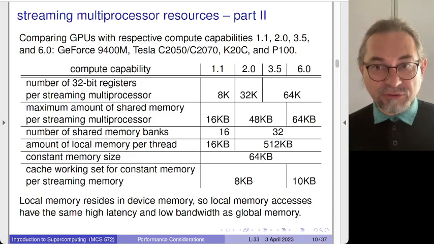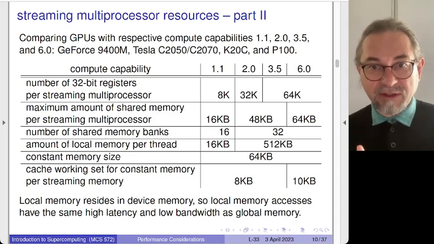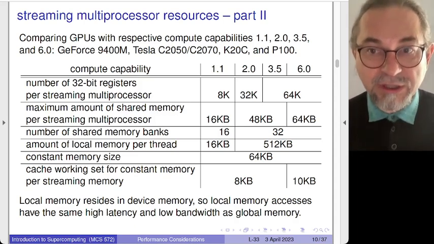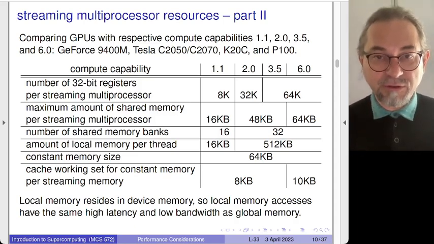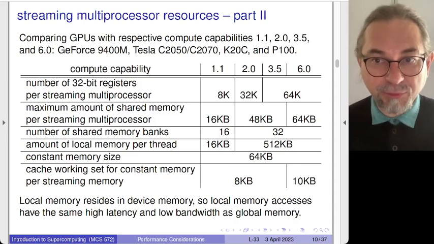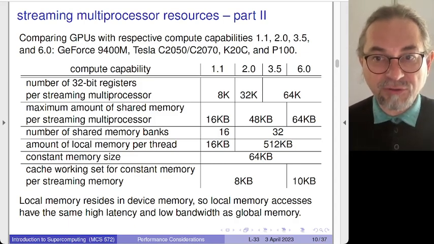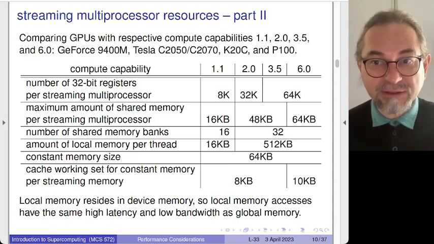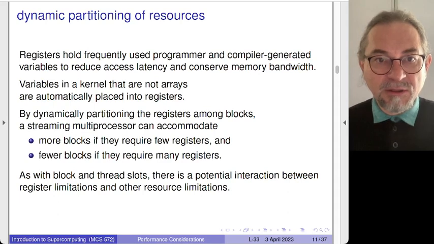However, you constantly have to be aware that shared memory is a very limited resource, and if you are using too much of your shared memory, your compiler will typically warn you about that. That also will put a restriction on the number of threads that you can keep running.